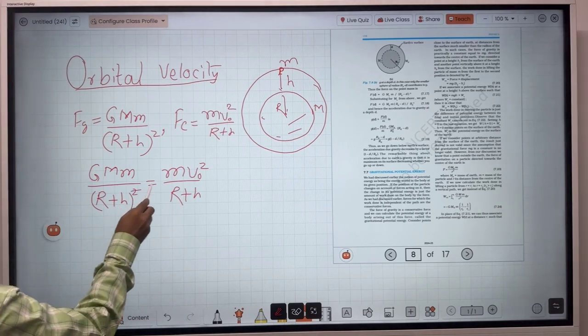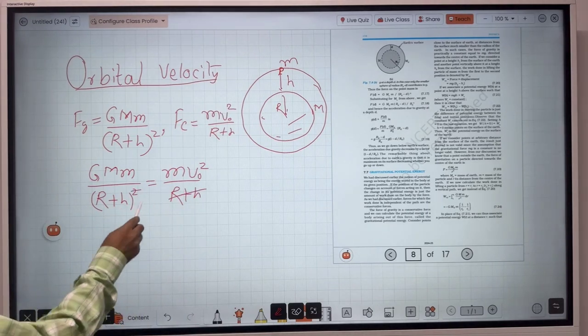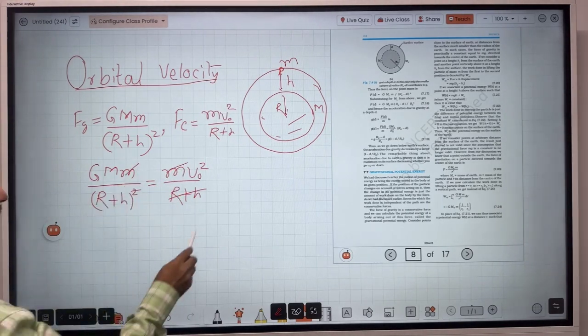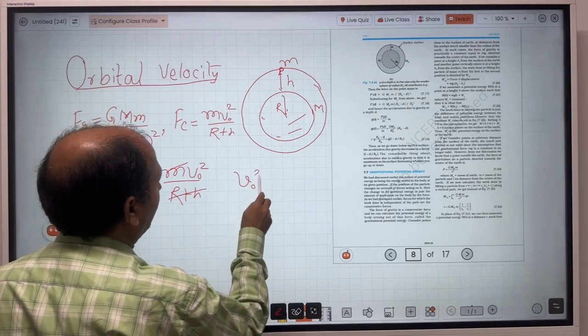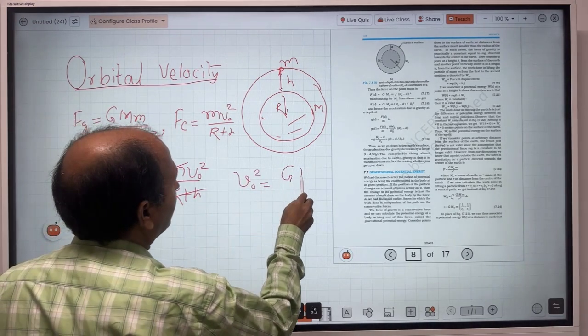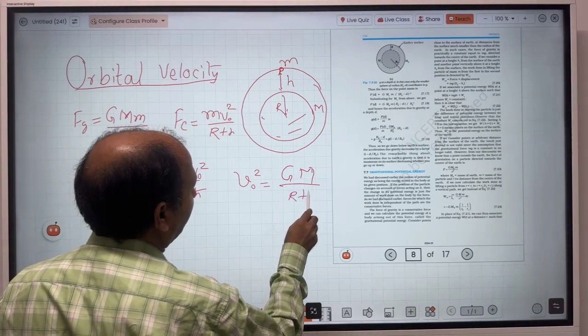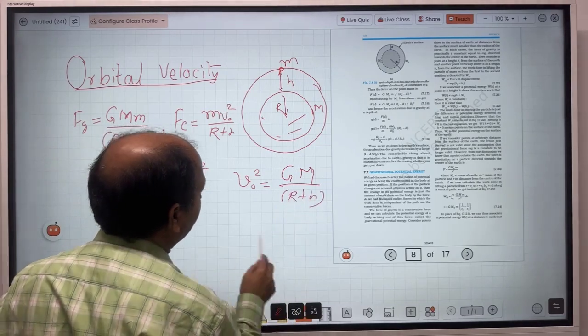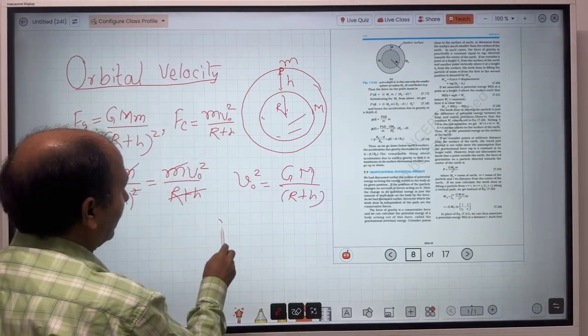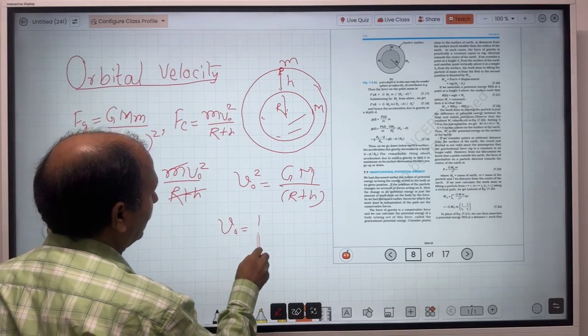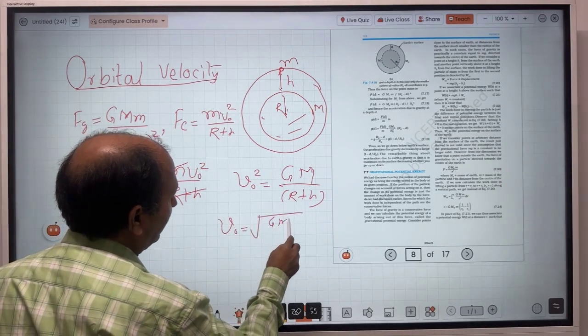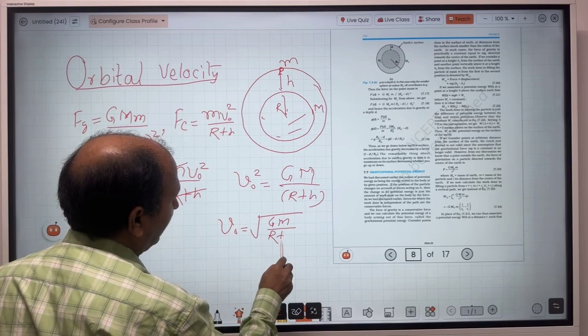One R plus h will cancel out and one m will also cancel out. So we get v0 square equal to GM divided by R plus h, or v0 equal to root of GM divided by R plus h.